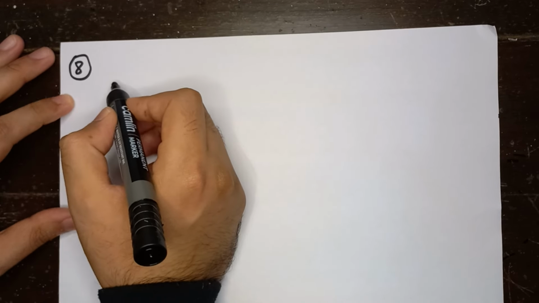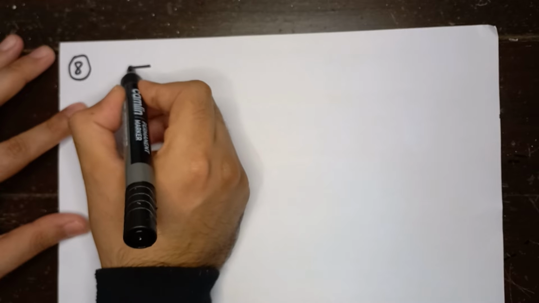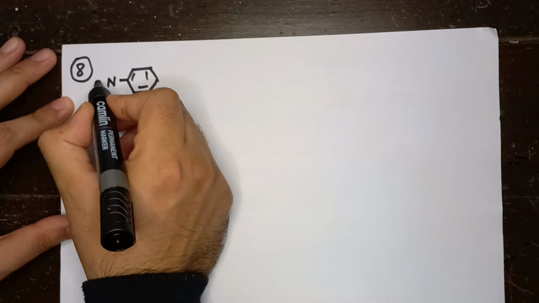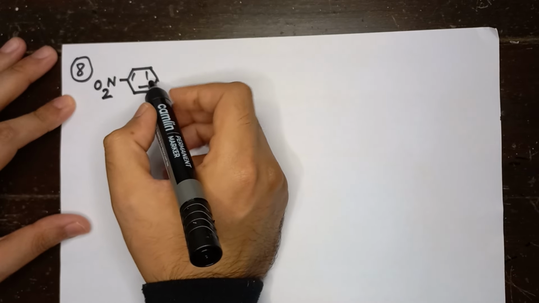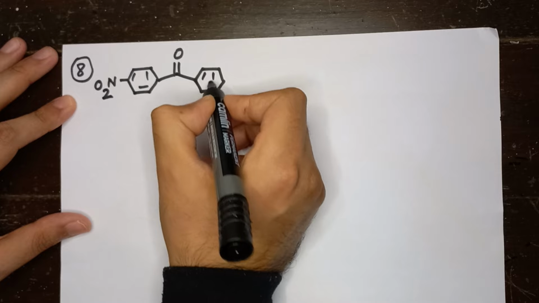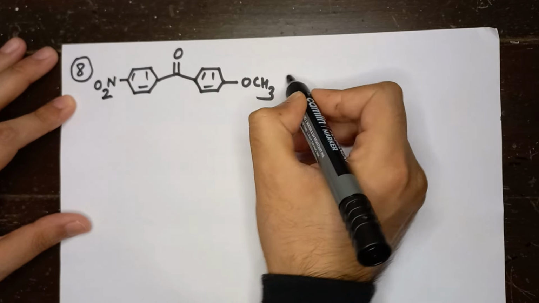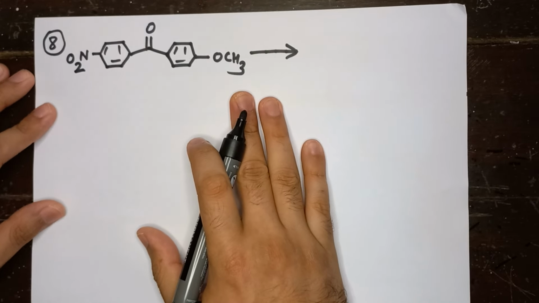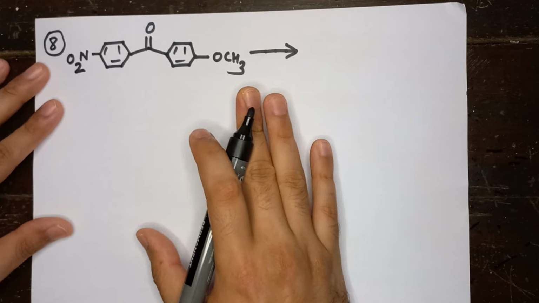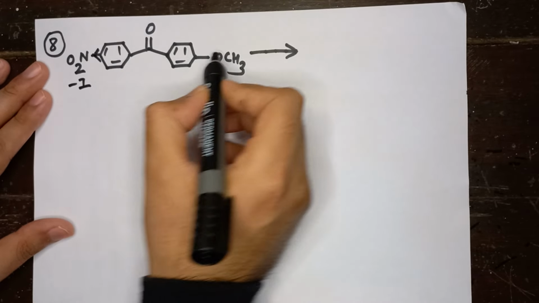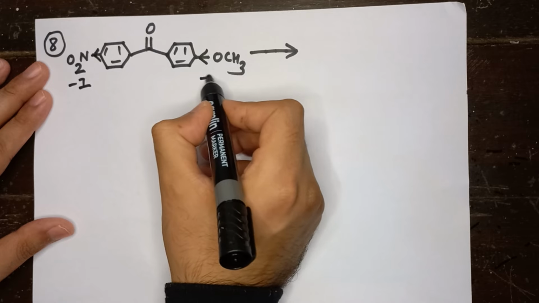Okay, here is another question. So my starting material is this particular ketone and I'm doing m-CPBA, Baeyer Villiger oxidation. So now this is simple. The NO2 group withdraws electron, -I, the OMe group donates electron, +I.